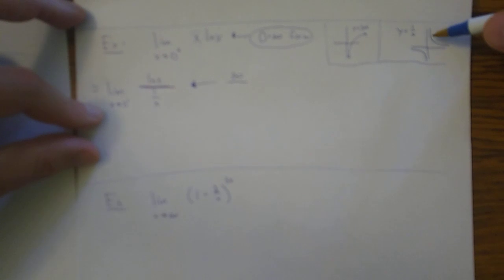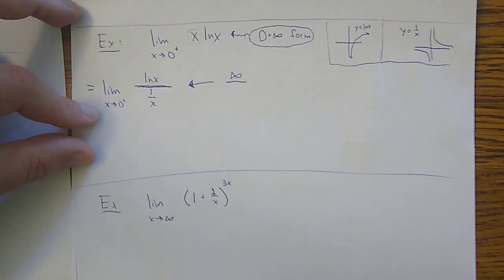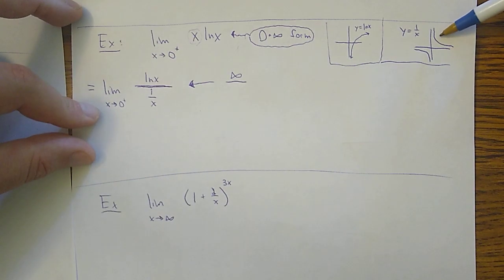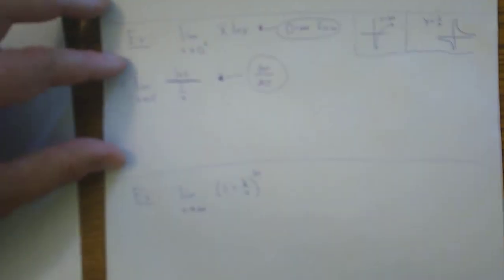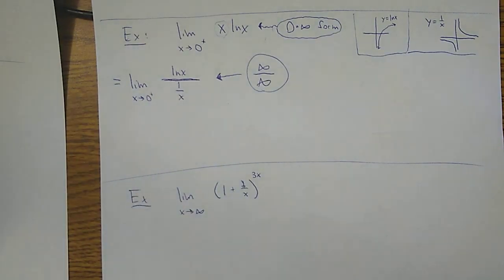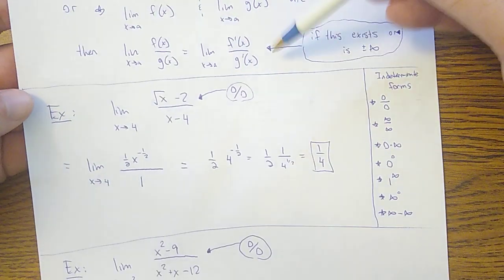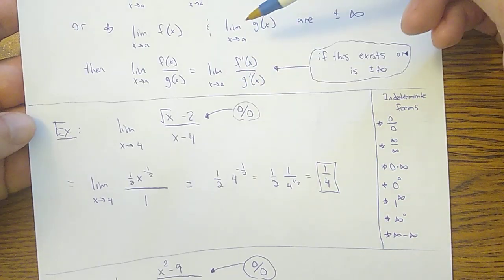I can draw a little graph of 1 over x here. And this also has a vertical asymptote at x equals 0. So this is an infinity over infinity indeterminate form. And that is something that we can use L'Hopital's rule on.